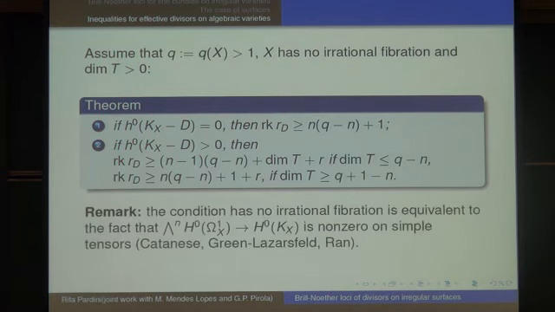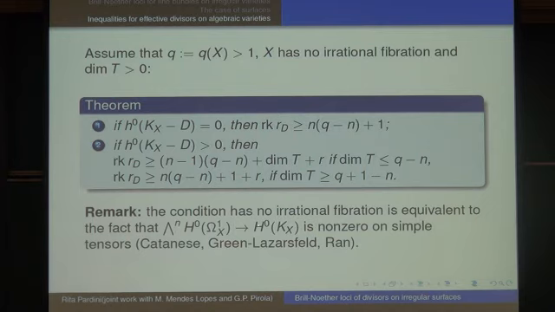Here I make a stronger assumption than before. I'm not only excluding pencils, but any kind of irrational fibrations. And this can be detected.